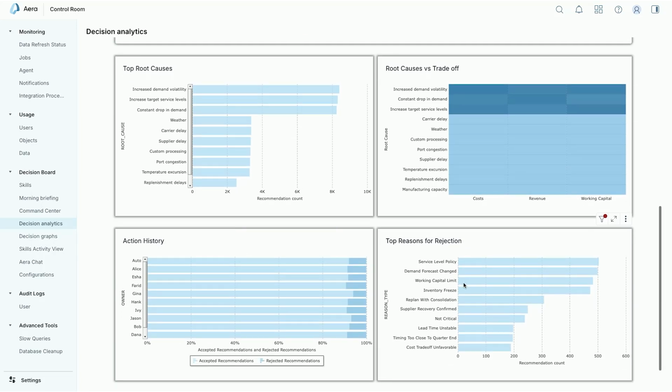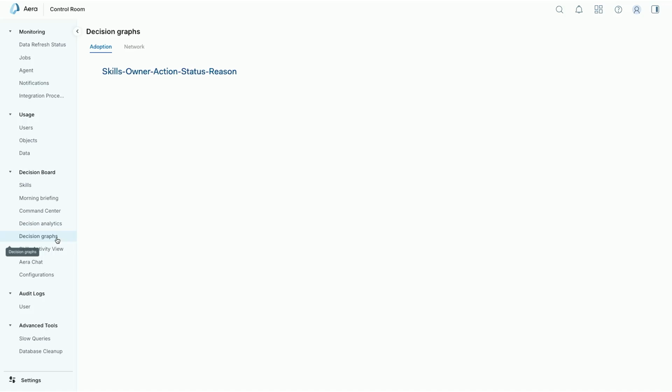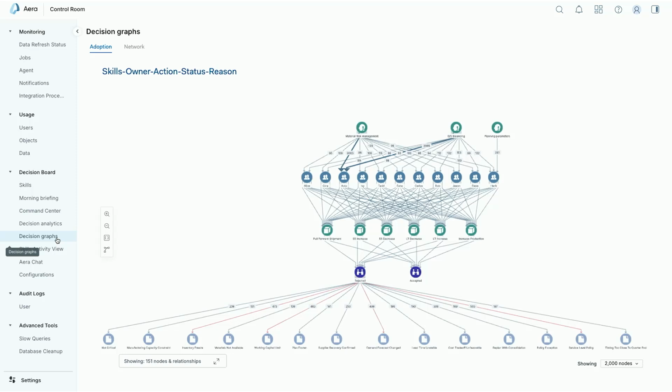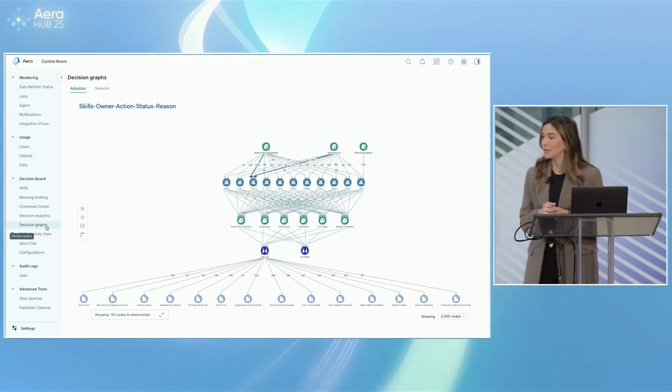So all of this information is driven by our decision graphs as well, where we have more on what's feeding these analytics by user or by the network. So Aera can learn from the decisions made by the users, but it also learns from the root cause that these users are assigning and the impact to the business.